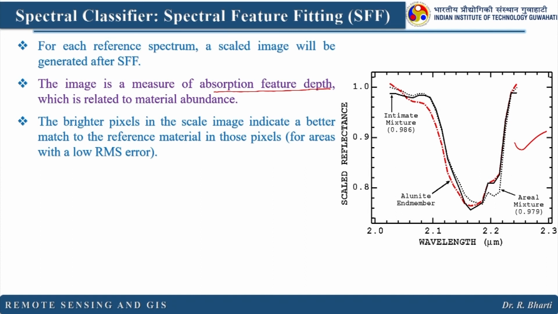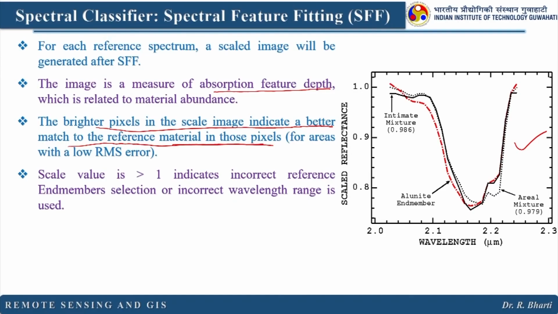output image basically indicates the presence of that particular material in that pixel. That's why the brighter pixels in the scaled image indicate a better match to the reference material in those pixels. So if matching is more, you will have a higher value.